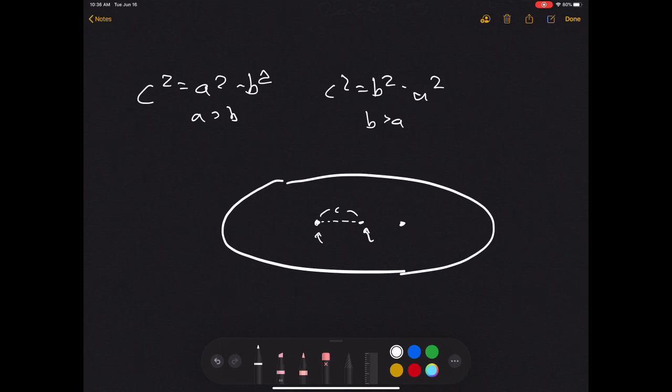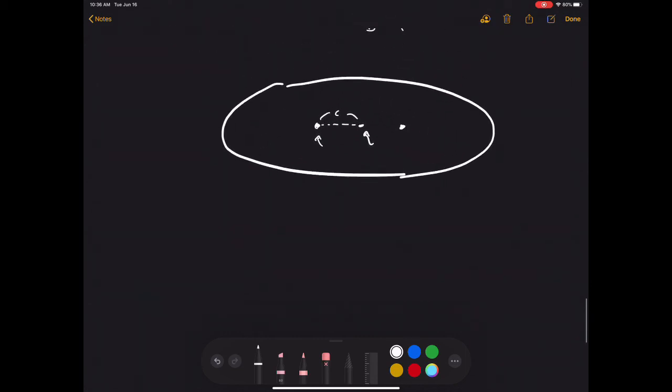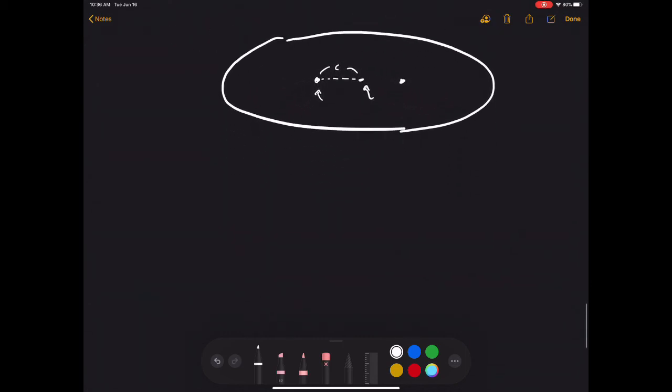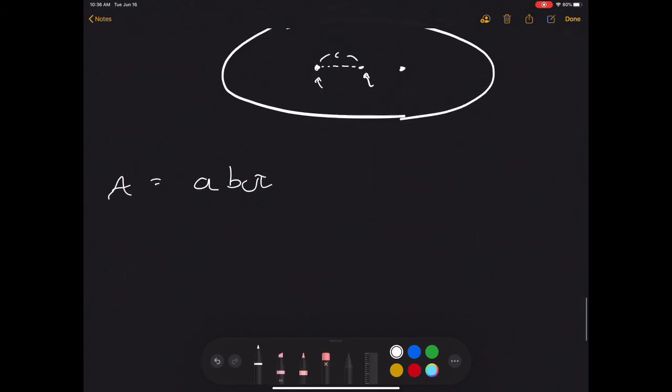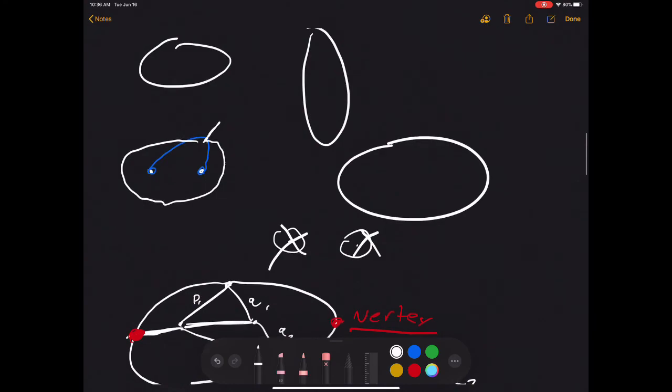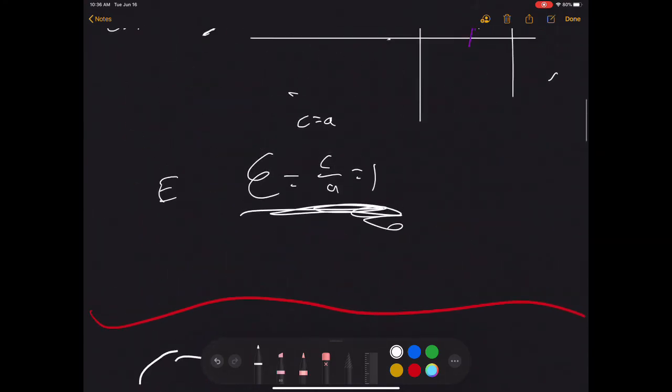So we've covered c, we've covered the foci, and the area of an ellipse, hopefully you guys can just trust me on this. The area is a b pi. This is just a good thing to memorize. And you guys also might be wondering about eccentricity, which is the last thing we covered in parabolas, where we said eccentricity is c over a, which is equal to 1.